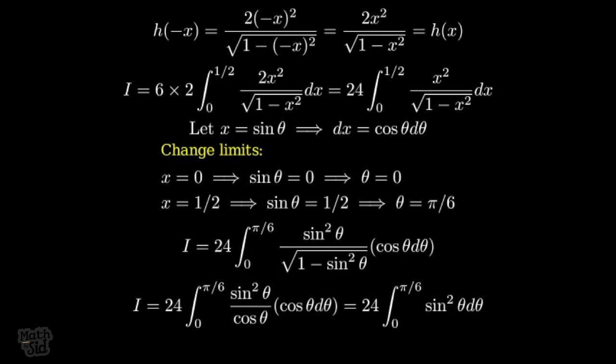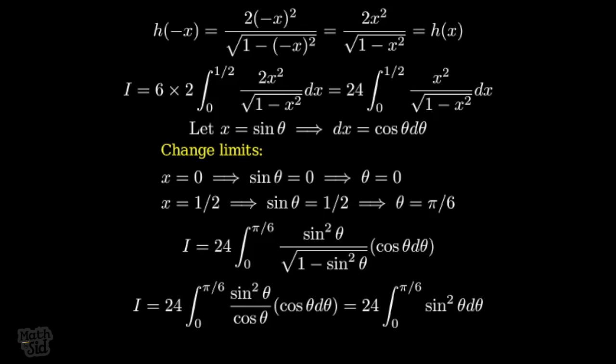Use the power reduction formula: sine squared theta equals (1 minus cosine 2 theta) over 2. The integral becomes 24 times the integral from 0 to pi over 6 of 1/2 times (1 minus cosine 2 theta) d theta, which is 12 times the integral of (1 minus cosine 2 theta) d theta. Integrating gives 12 times (theta minus sine 2 theta over 2), evaluated from 0 to pi over 6.